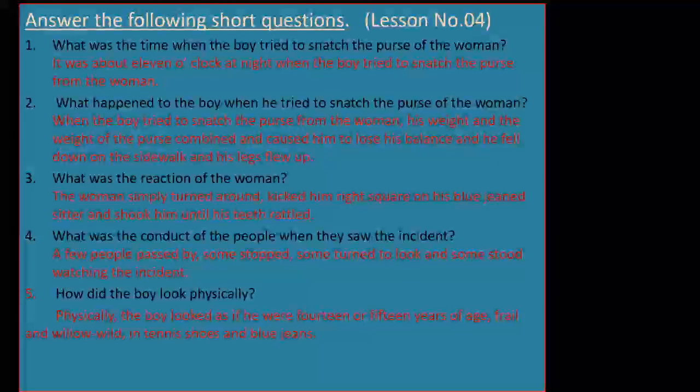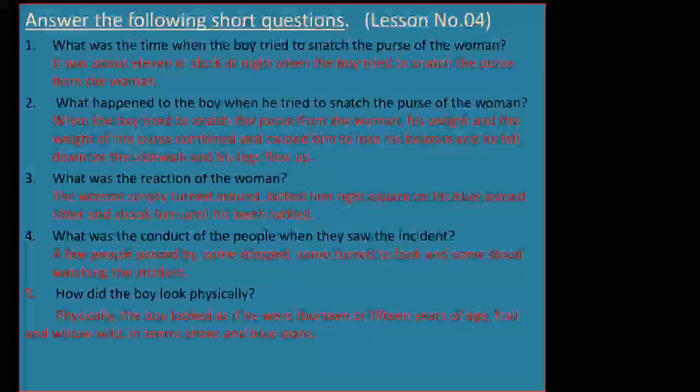Well, the answer is, when the boy tried to snatch the purse from the woman, his weight and the weight of the purse combined and caused him to lose his balance, and he fell down on the sidewalk and his legs flew up. I repeat the answer. When the boy tried to snatch the purse from the woman, his weight and the weight of the purse combined and caused him to lose his balance, and he fell down on the sidewalk and his legs flew up.